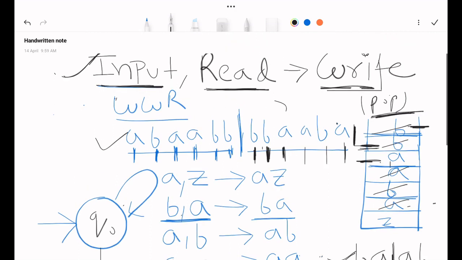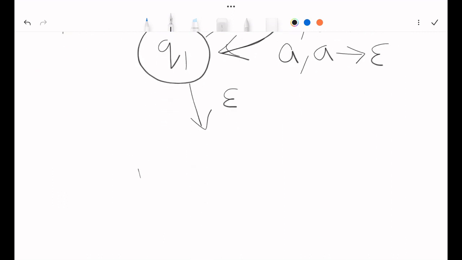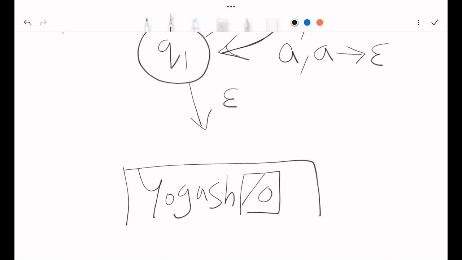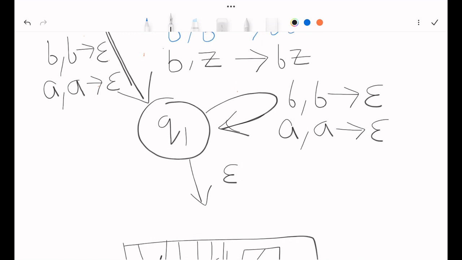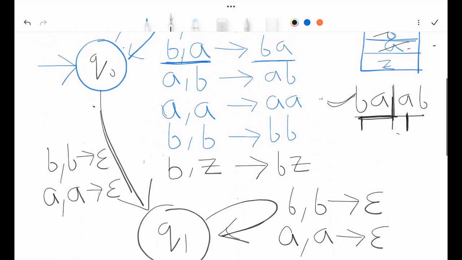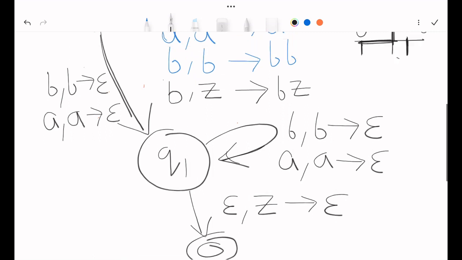Okay, final means you can see, if you know the C programming, suppose I am writing YOGASH, after then you can see there is this symbol. So string total length is equal to, after then this symbol, to stop it. So whenever there is no input and top of the stack is Z, in this condition I will also pop it and I read everything. So this is my final state, done.